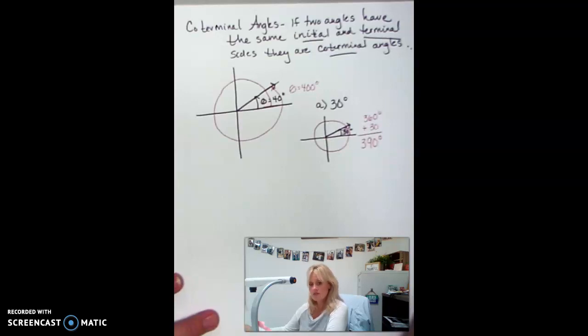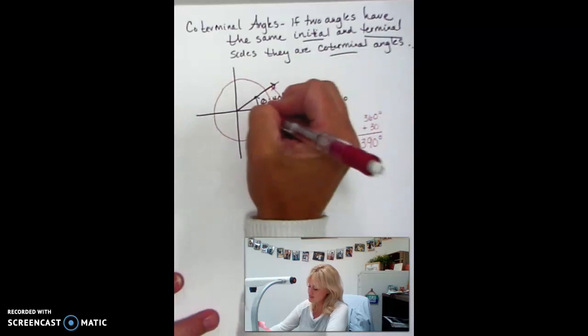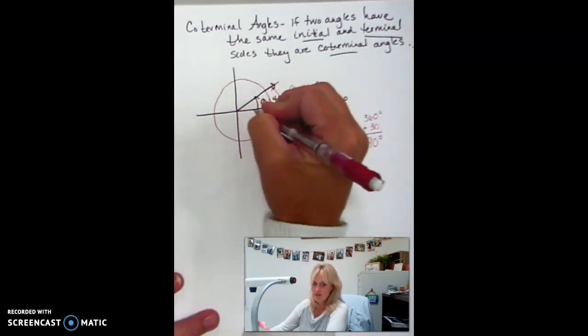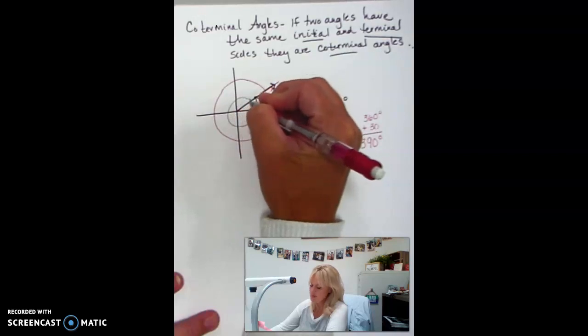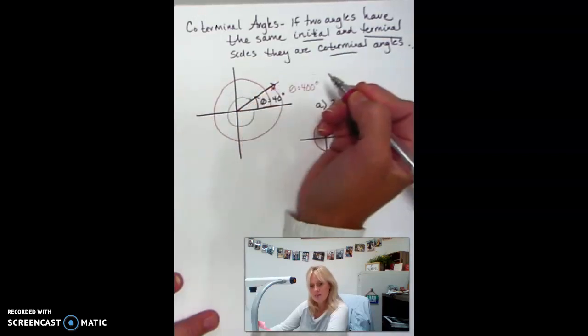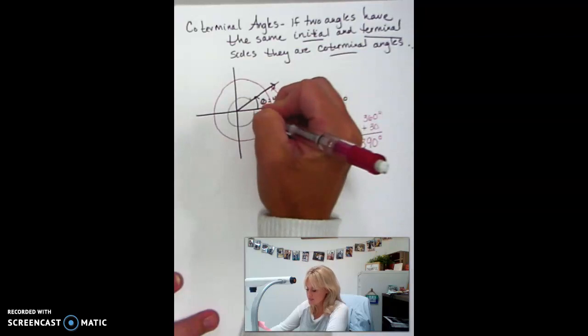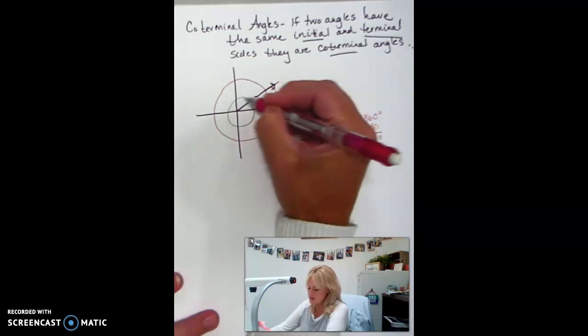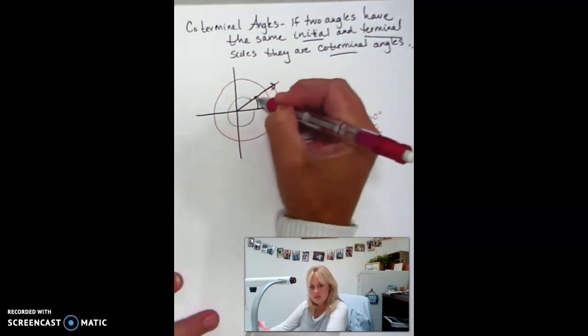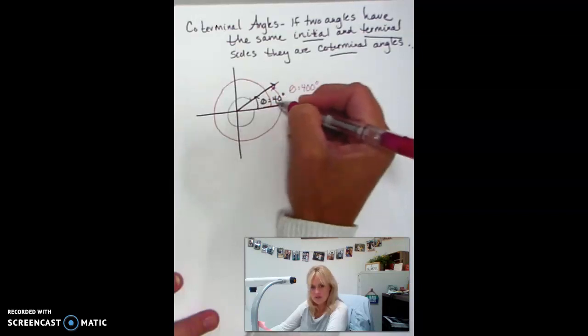But do you also see it the other direction? What happens if I start here and go negative? Didn't they start and stop at the same spot? But this time I went down and I didn't quite do a full circle. So full circle would have been 360 degrees, but I'm not including this little angle right here of 40 degrees.